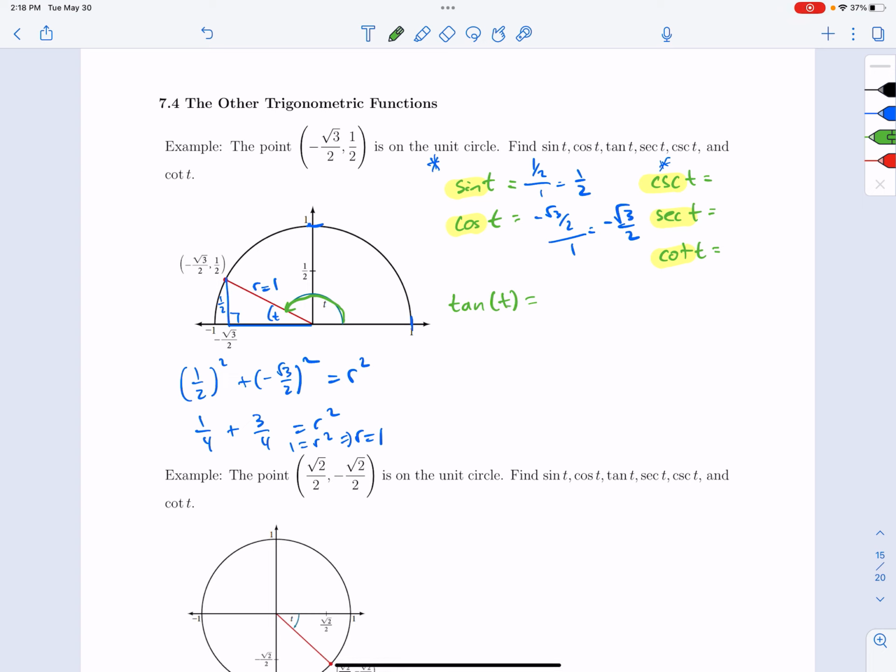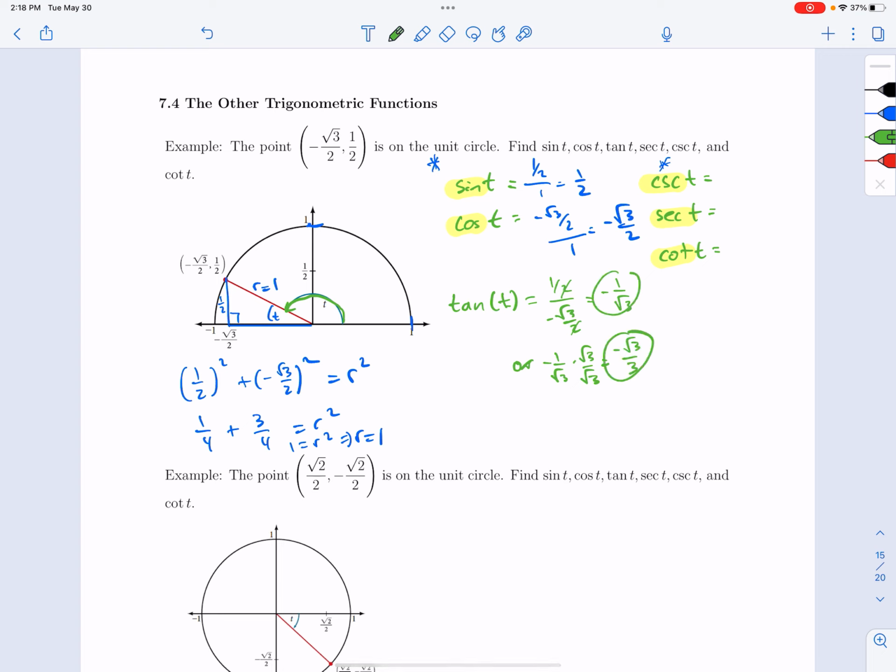So opposite of that angle t is 1/2 over negative root 3 over 2. We could keep it that way, but this is called a complex fraction when I have fractions inside other fractions. It's best to remove any complex fractions. So I could make this negative 1 over root 3, or I could multiply by the radical that's in the denominator, and what I end up with is negative root 3 over 3.